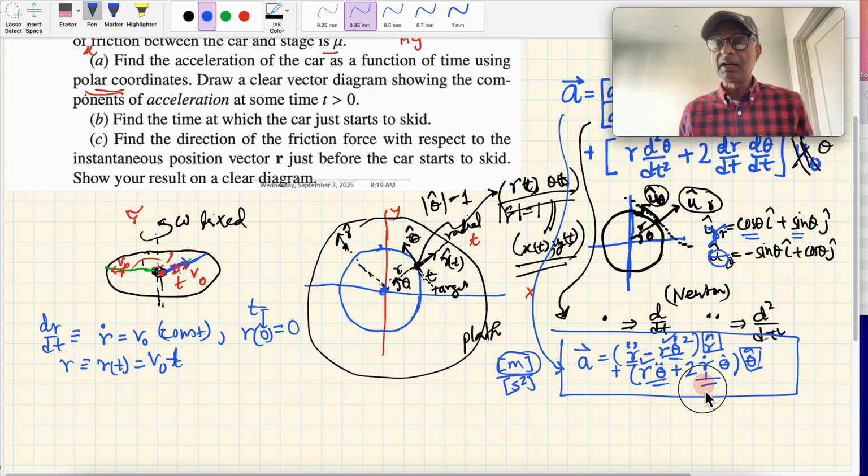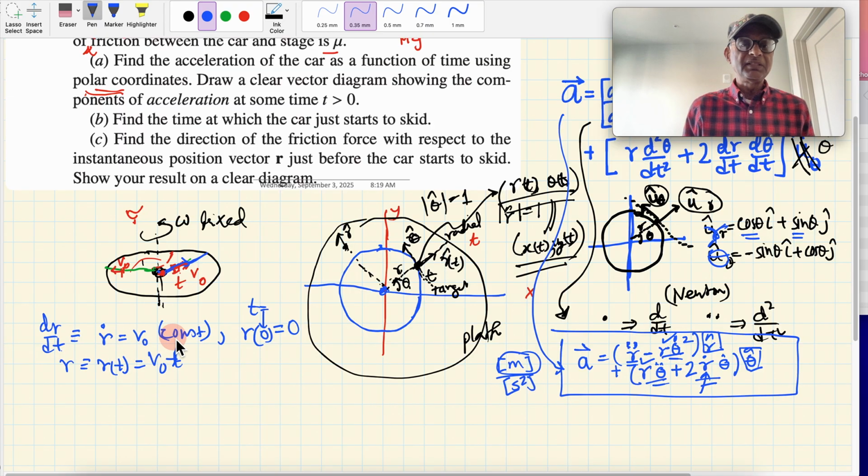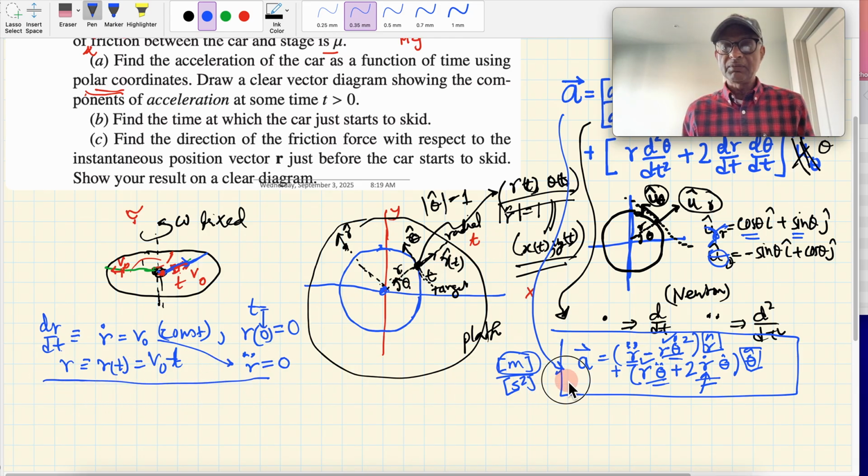We know this guy. How about r double dot? If this is constant, then we also know r double dot is going to be 0. So no acceleration radially.